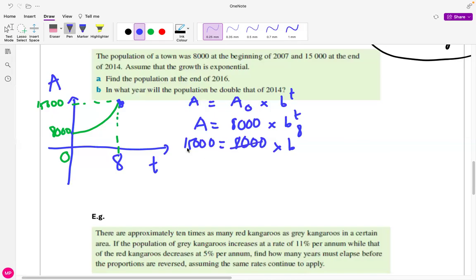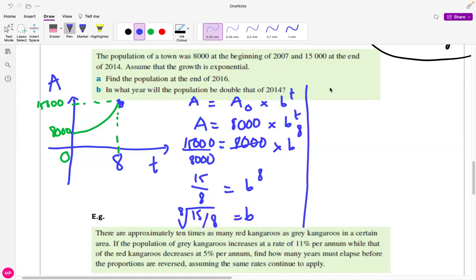Then divide by 8,000 on this side, so you have 15 over 8 equal to b to the power of 8. Then to get rid of the 8, you take the 8th root of the other side. So the 8th root of 15 over 8 equals b. So you will have the equation A equals 8,000 times the 8th root of 15 over 8, to the power of t.